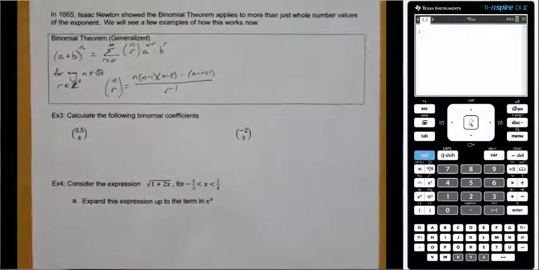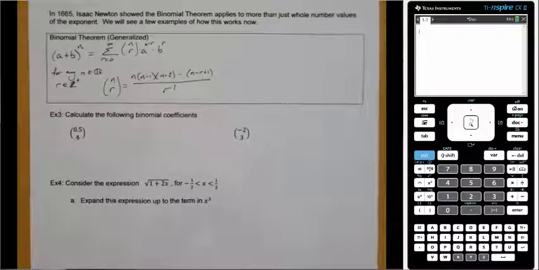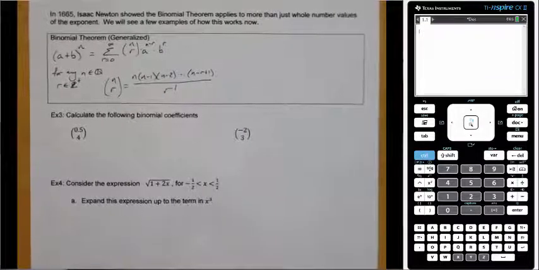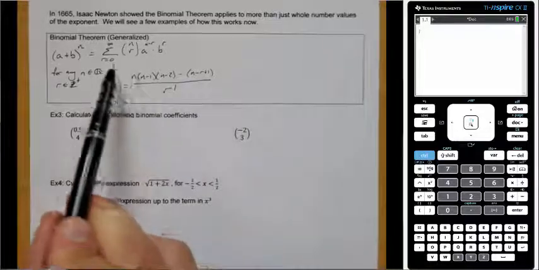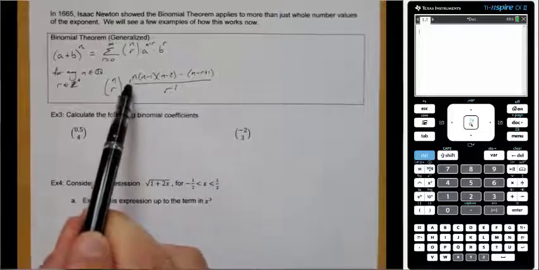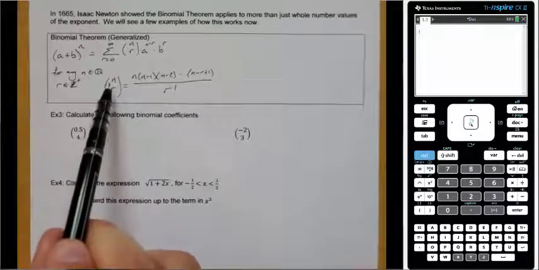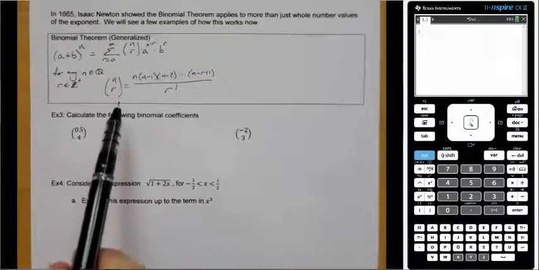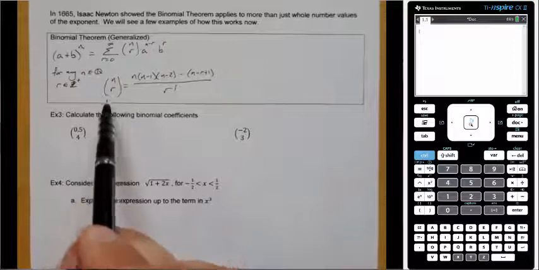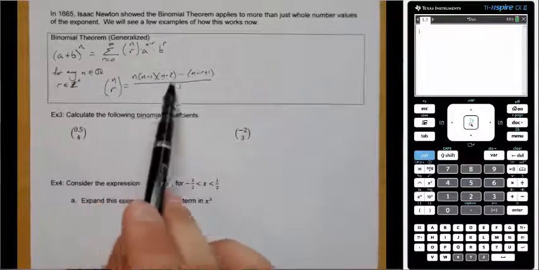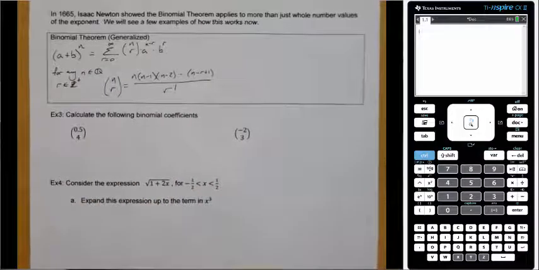So if n is a whole number, this does not change. If n is actually a positive integer, then this yields exactly the same formula, because if n is smaller than r, like 2 choose 4, eventually one of these numbers will be a 0, and everything will zero out.